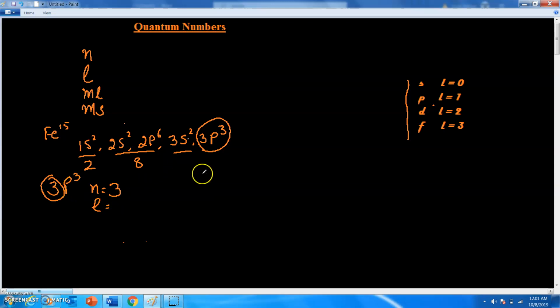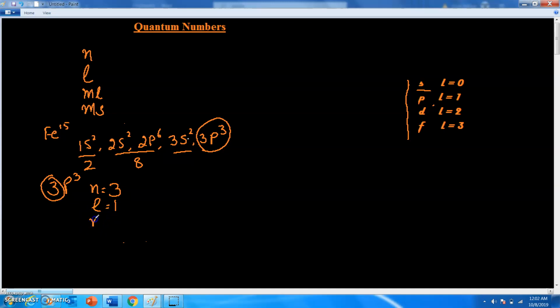L is equal to 0 if it is S subshell. If it is P subshell, then L is equal to 1. If D, then L is equal to 2, and F, L is equal to 3. Now here it is 3p3, that means P subshell. For P, L is equal to 1. So we will write here L is equal to 1.